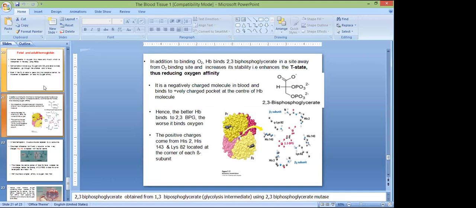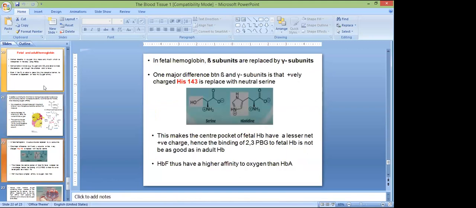So if I have a lot of 2,3-BPG, my hemoglobin won't bind as much oxygen. So simply put, the adult hemoglobin has the presence of this 2,3-BPG. Thus, it has a lower affinity for oxygen than fetal hemoglobin.